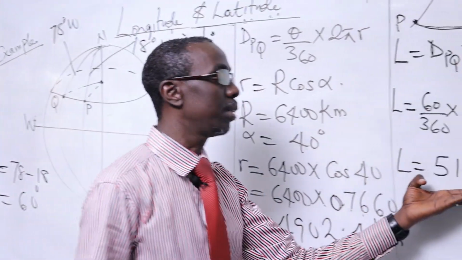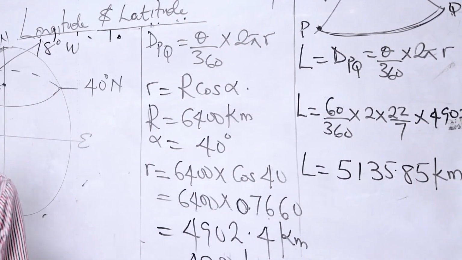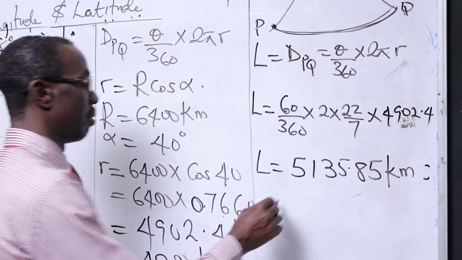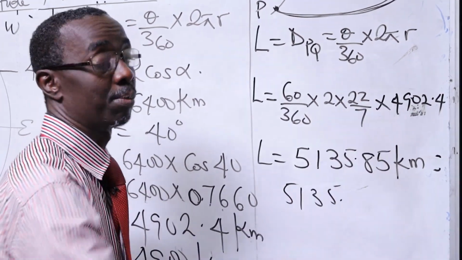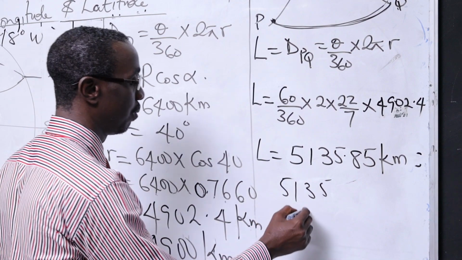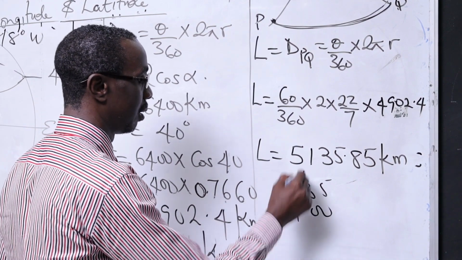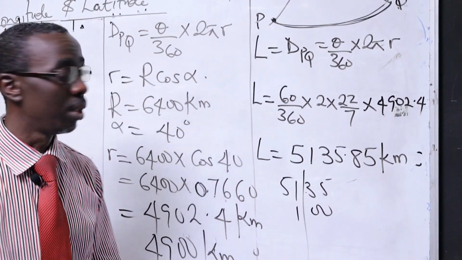Okay? If you want to solve this now to the nearest 100 kilometer, 5135 point, of course, the decimal place is not that, the whole number is 5135. Nearest 100, if you write your 100 this way, it shows that 35 should go.